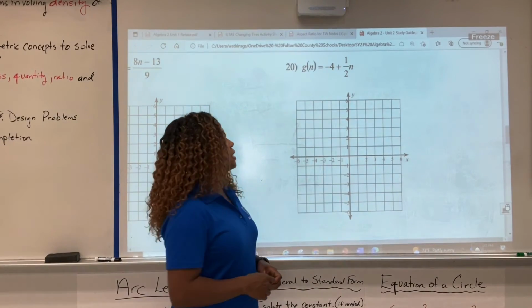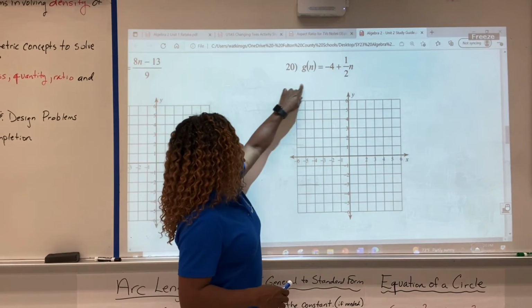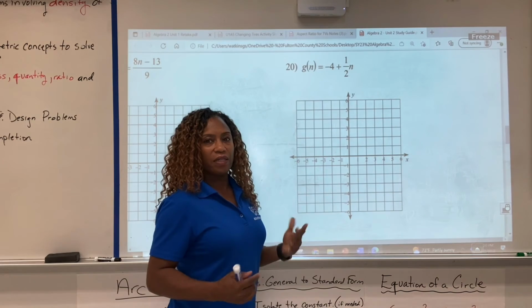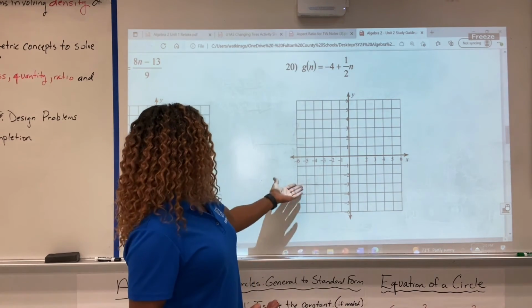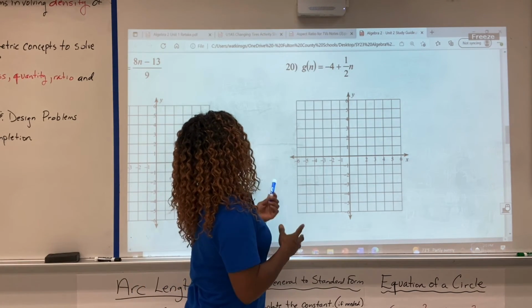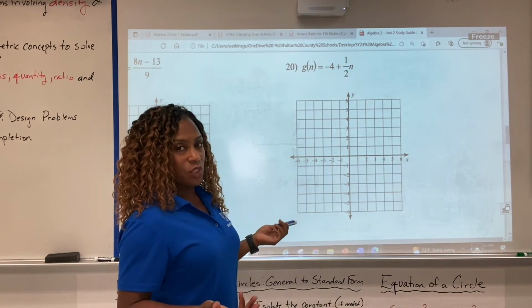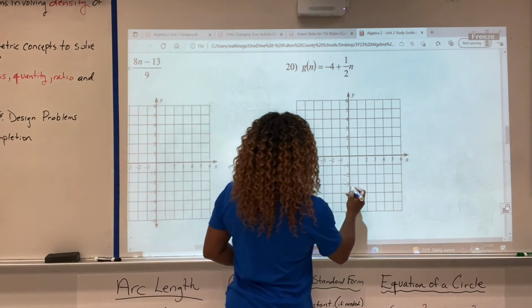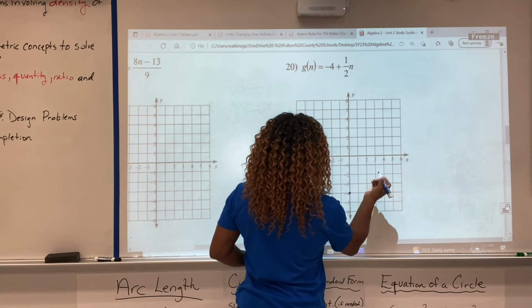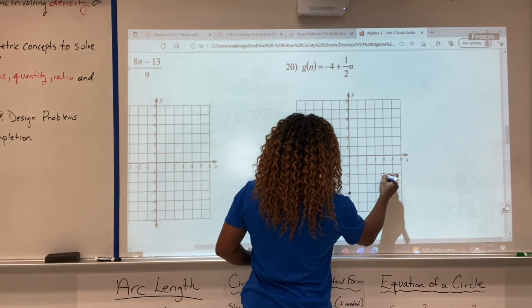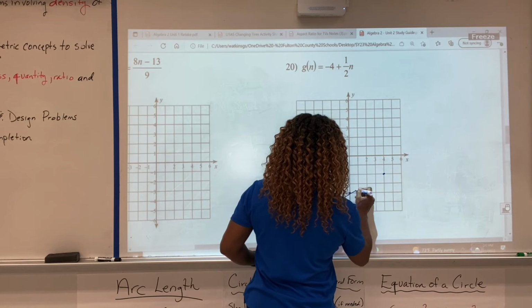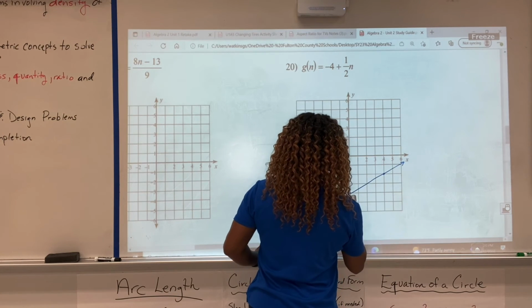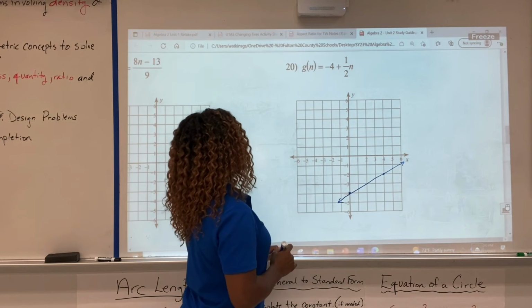Problem number 20, again, we're going to graph the original function and then we'll find the inverse and graph that on the same table. So for the graph of the first function, the original function, we're gonna use Desmos again. The graph should be somewhere up in here. But once you put it in Desmos, you will get a definitive graph there.